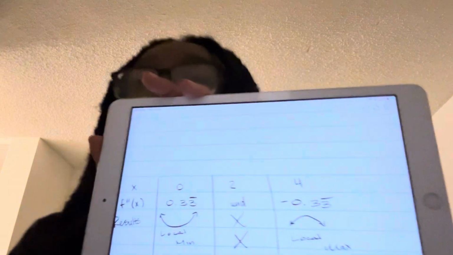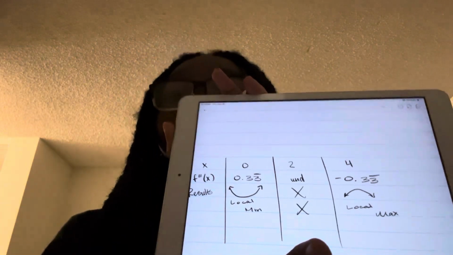So this is what the table's looking like. Now we're going to rewrite that as a sentence.